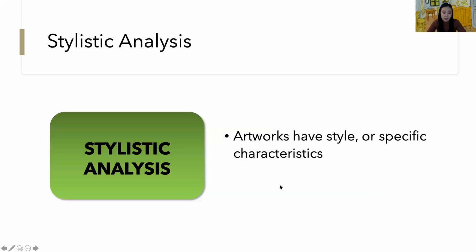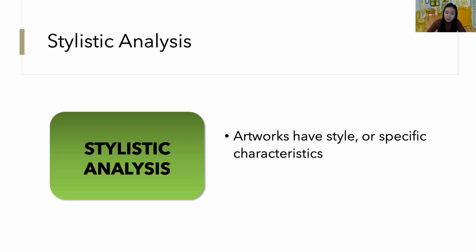So the next analysis style is stylistic analysis. We recognize a style in our own lives. The way we dress and arrange our hair reflects our personal style. Artworks also have a style or specific characteristics that make them look the way they do.